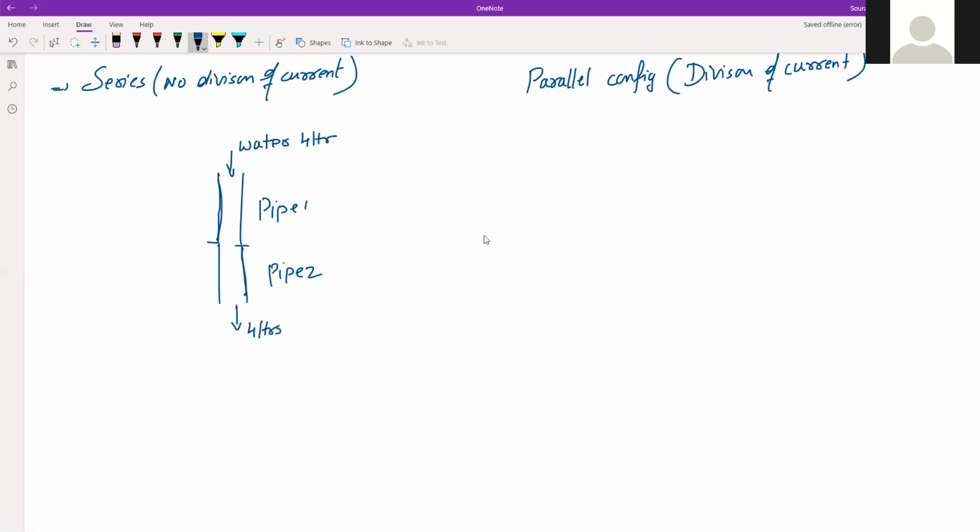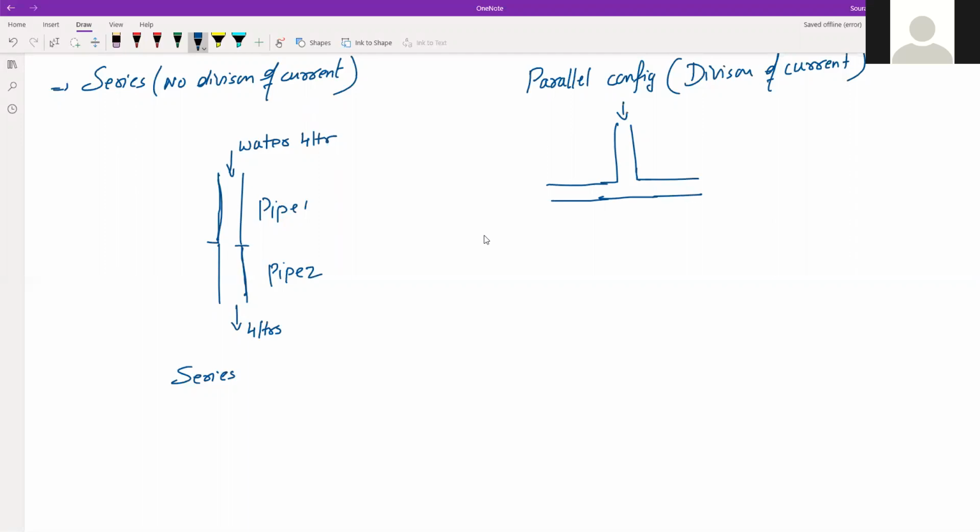There is no division of water here because there was no branching. This is called series. But suppose here there is a T joint. Now water flows in this direction as well as in this direction.